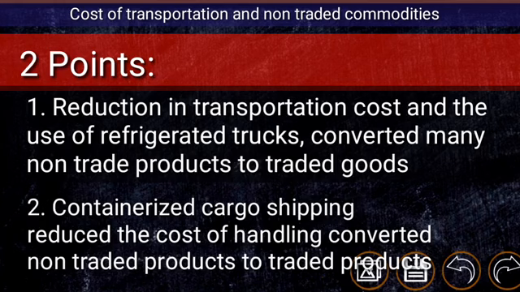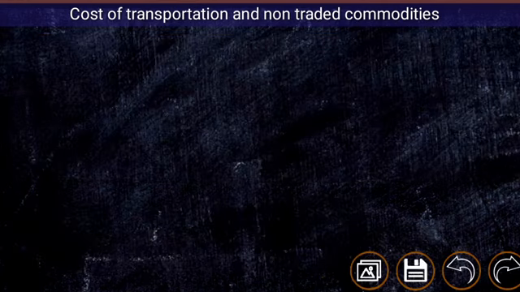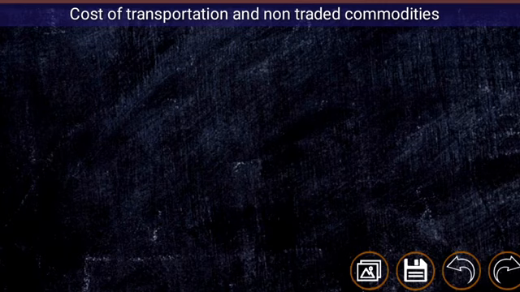This reduction in handling cost or transportation cost has converted these kinds of products from non-traded goods to traded goods. Now in the next video we are moving to the detailed illustration of cost of transportation and international trade.